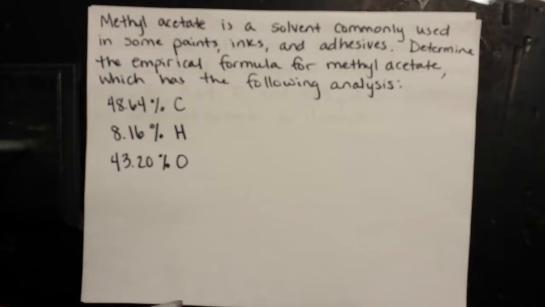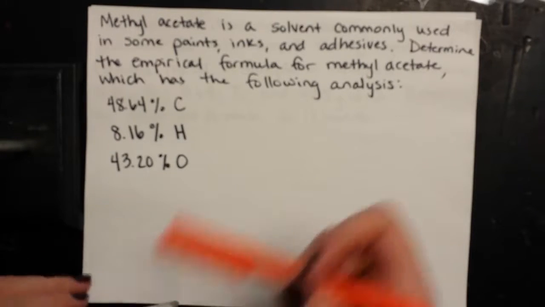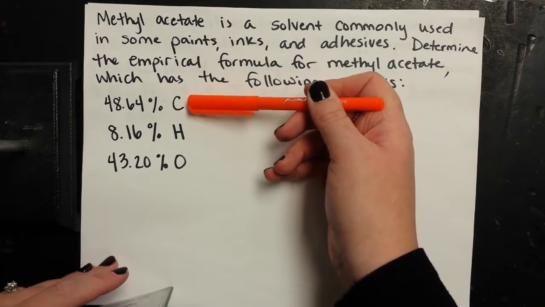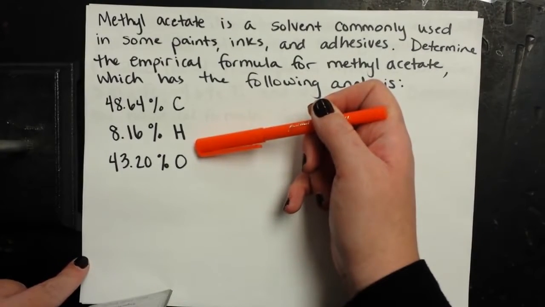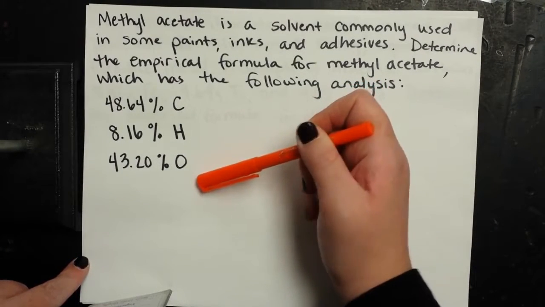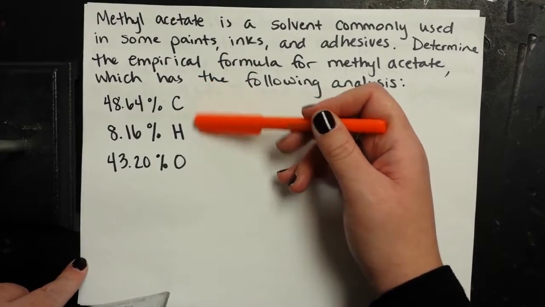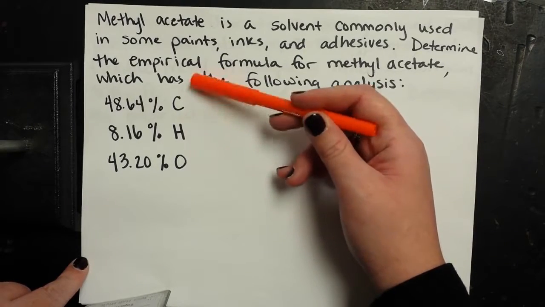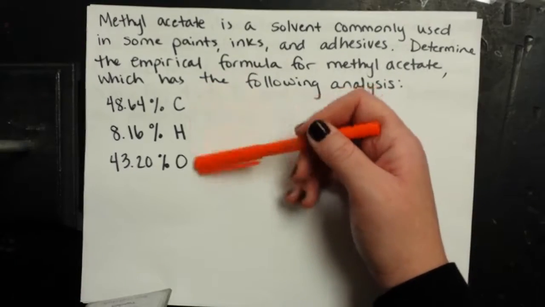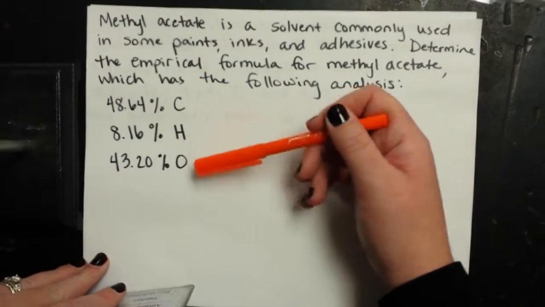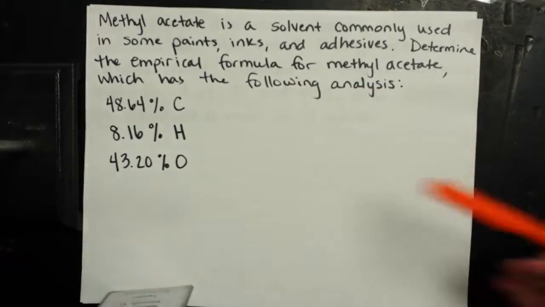Instead, it leaves that up for interpretation, because it doesn't really matter what my sample size is if it's always going to be 48.64% carbon, 8.16% hydrogen, and 43.20% oxygen. It's going to have that same proportion, the same percentage relationship of mass of these elements in the compound, regardless of my sample size.